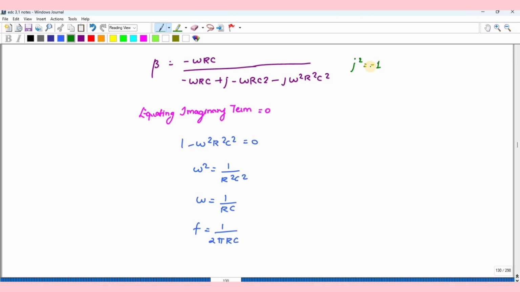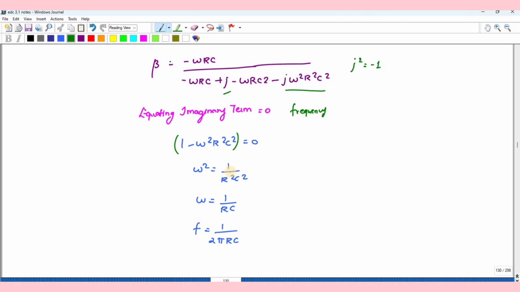So beta is equal to minus omega RC divided by minus omega RC plus j, minus 2 RC omega minus j omega square R square C square. We know that by equating the imaginary term you will get the frequency. So equate the denominator term, this and this one. If we solve, this is your imaginary term: 1 minus omega square R square C square is equal to 0.